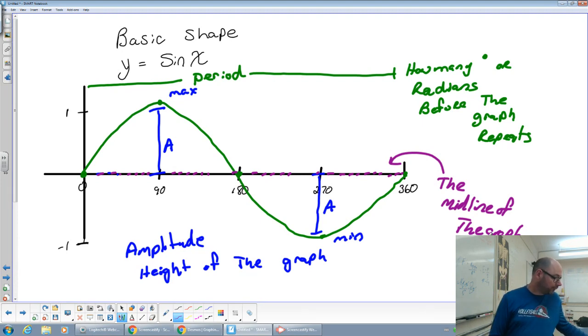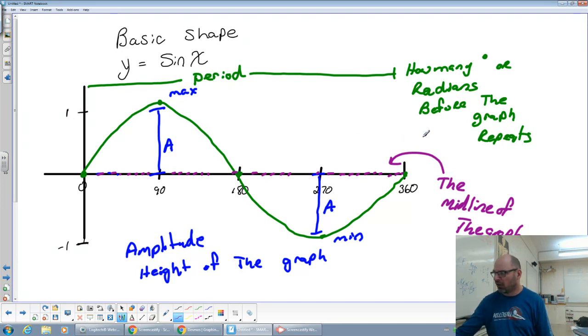Okay, so the midline is basically, for all of these, the x-axis right now. It'll change a little bit when we go a little deeper and do some analysis type questions, and we look at the period and so forth.